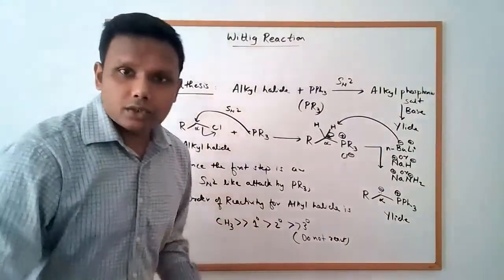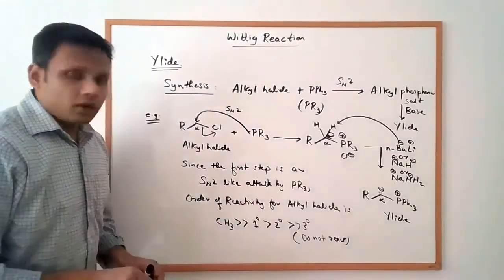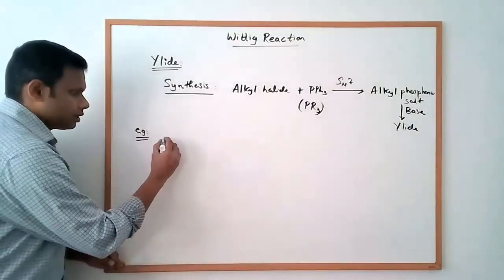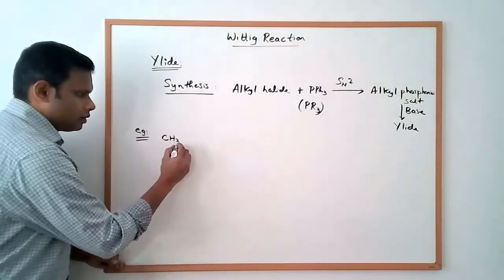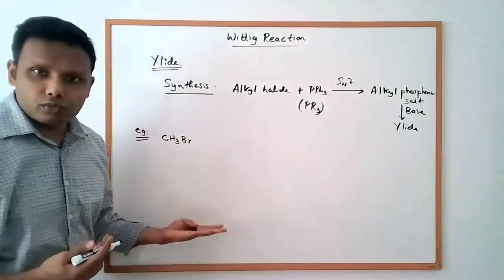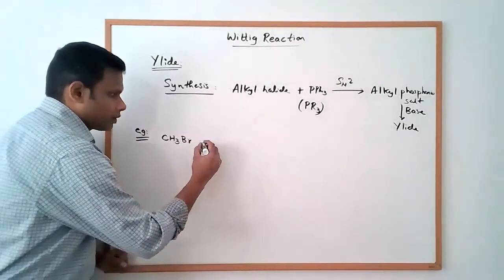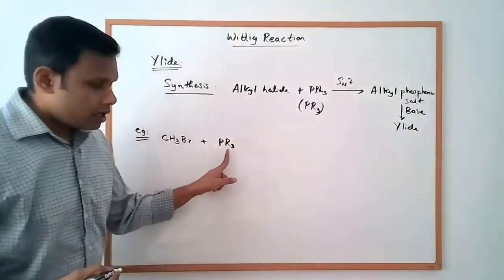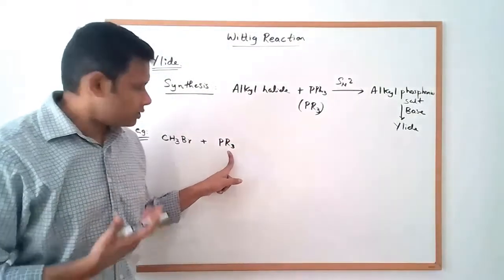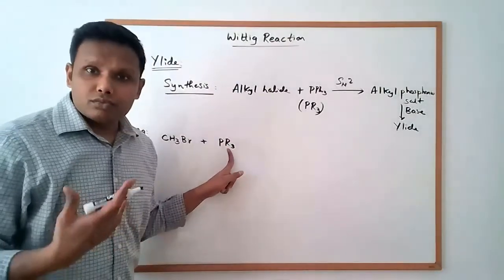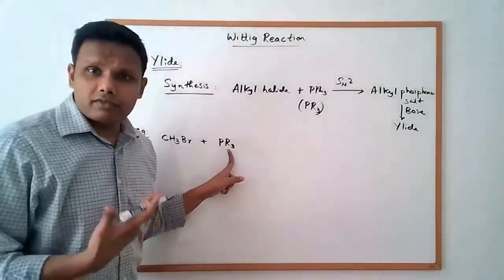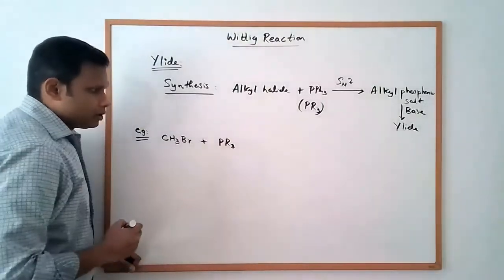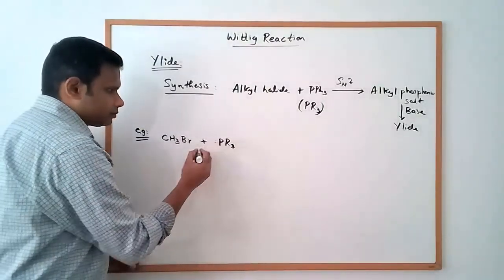Let's look at some specific examples of ylid synthesis. Let's say we start with methyl bromide. Let me show one example with a methyl, and you react it with PR3. Again, I'm using a generalized phosphine here. This R is most typically a phenyl, but it could be another phosphine-containing group.